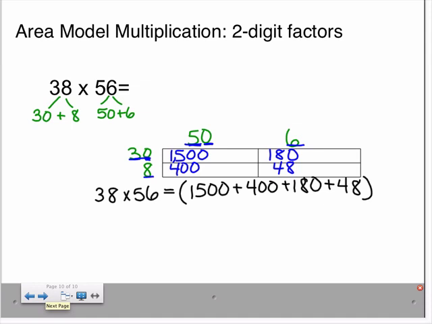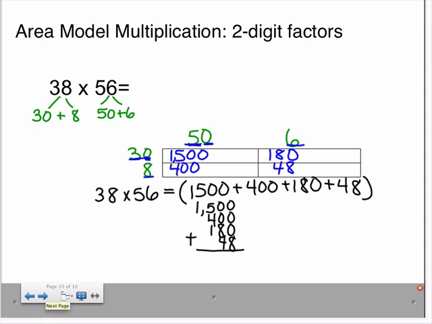To help me organize this information, I am going to set it up as a column addition problem just to give myself more space to work and to keep my places organized. Notice how I'm carefully arranging my ones in a column, my tens in a column, my hundreds, and my thousands.